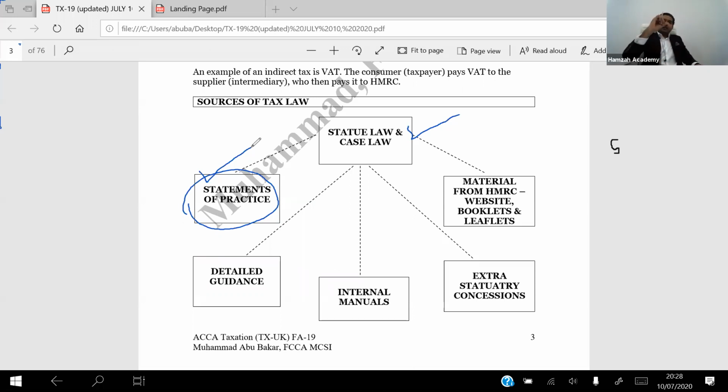When the law will tell you that the definition of income tax is so and so, they are going to explain also all the terminologies. What is the meaning of individual? What is the meaning of employment? What is the meaning of self-employment? What is the meaning of you being this thing or that thing?